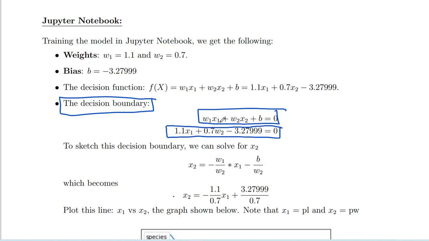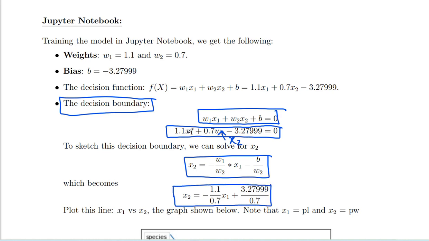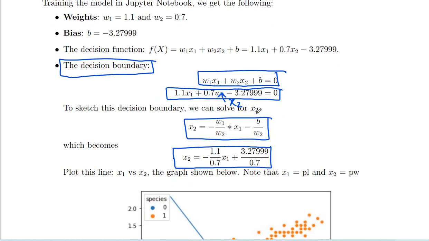This is the equation in 2 variables, x1 and x2, not W2. There is a typo. To sketch this line, we want to solve for x2, right? So we solve for x2, and this is the final expression for x2.